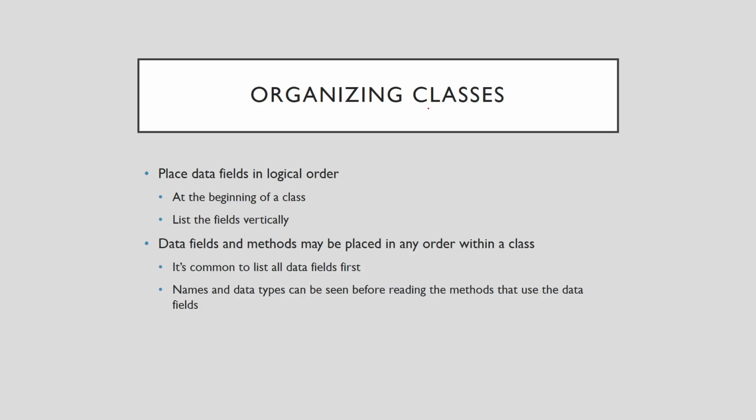Now, organizing classes, we have to place the data fields in logical order. That is at the beginning of the class. That is first, before setting up the accessor and mutator methods, we have to place the fields first. Okay? And we have to list the fields vertically. That is, enumerate the fields, specify the type, and use the access specifiers.